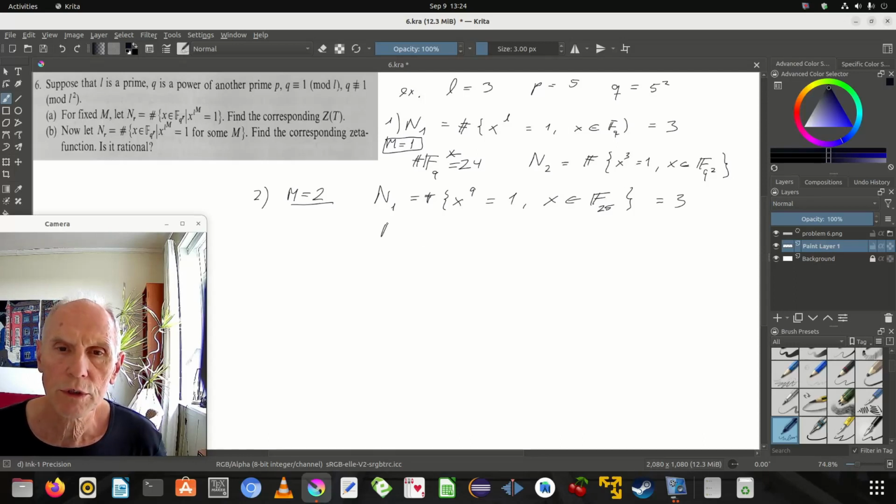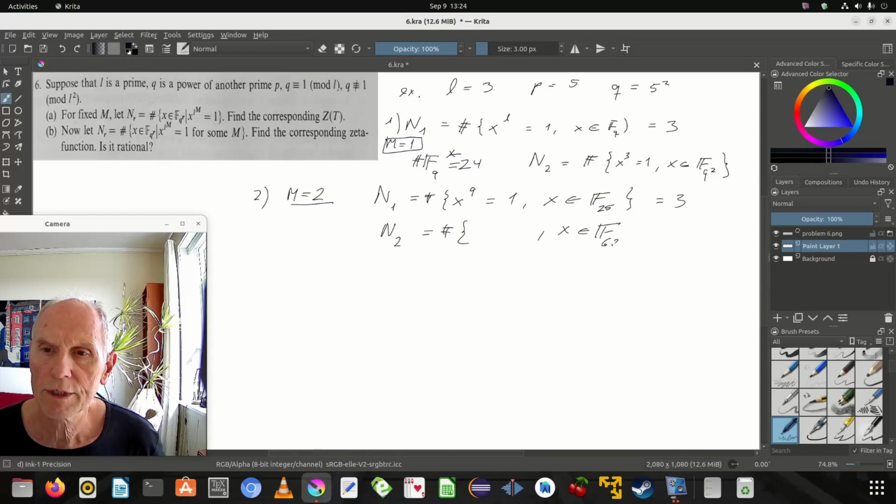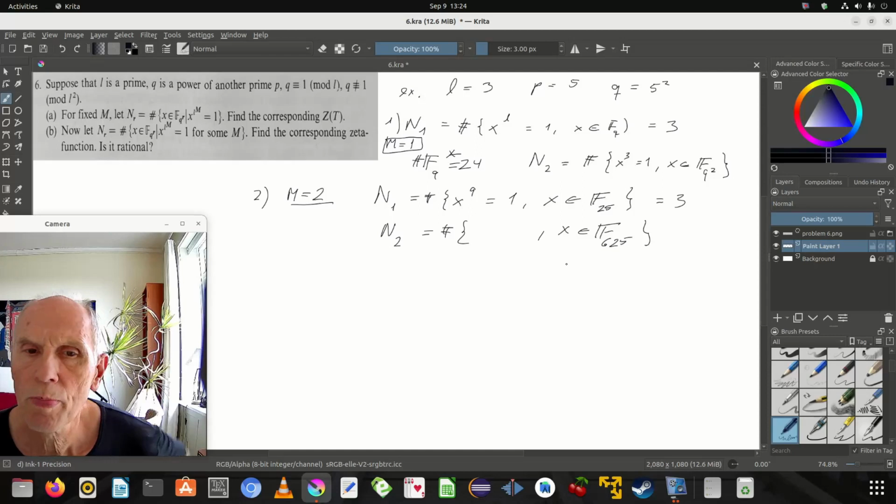Now when we go to N2, we are in F625. Now that's 3 as well, because 9 doesn't divide 624.